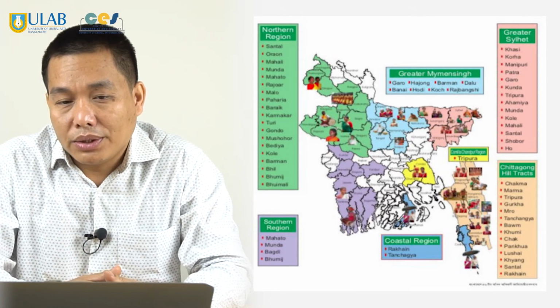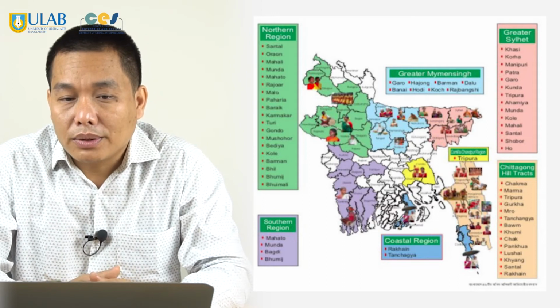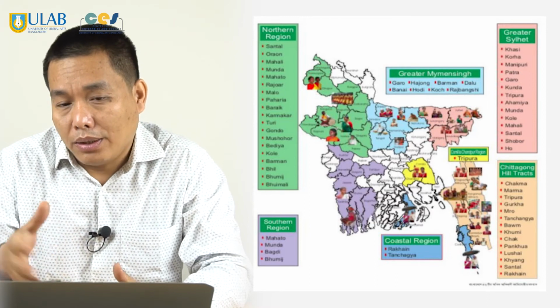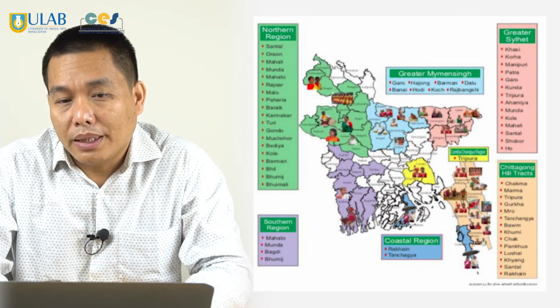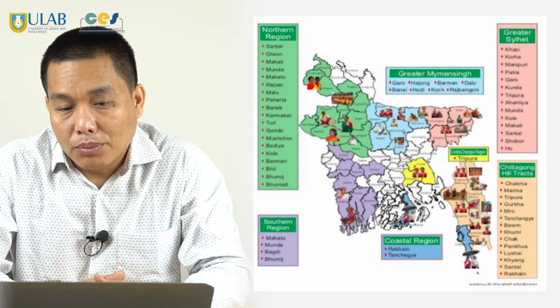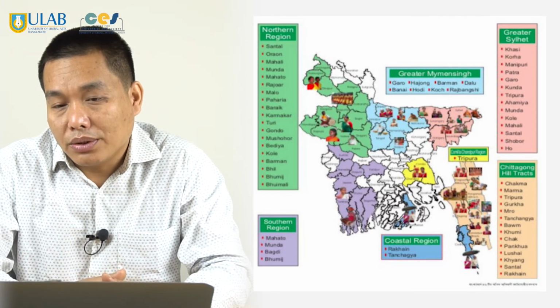According to the Kapaeeng Foundation, in the northern region, Santal, Oraon, Mahali, Munda and many other indigenous groups are living. In the southern region we see the Mahato, Munda, Bagdi, Bhumij.